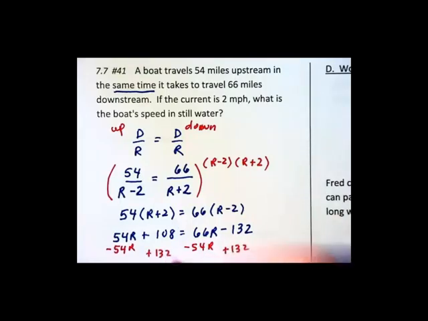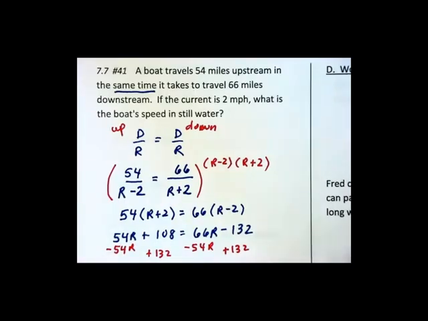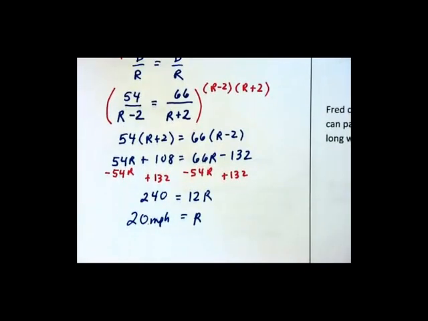So the left side after subtracting will be 240, and the right side is going to be 12r. So dividing by 12, we see that it's going to be 20 miles per hour as the units. Whoopsie. 20 miles per hour.